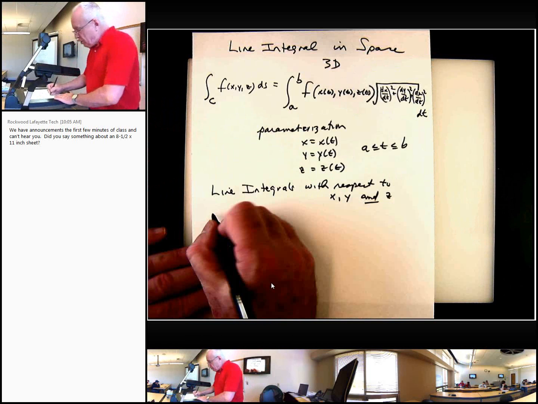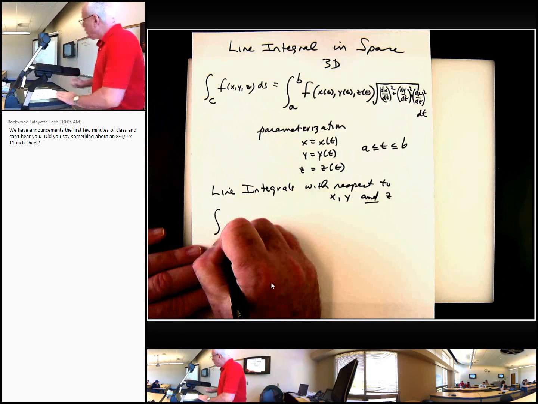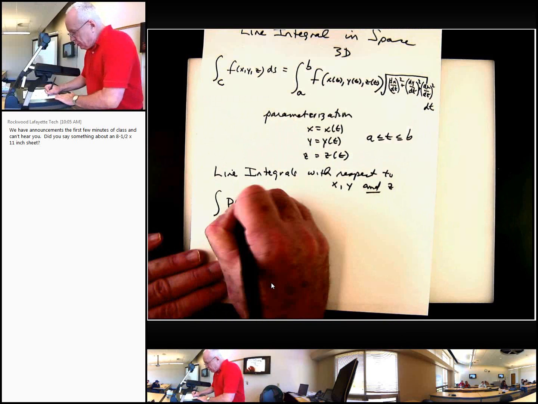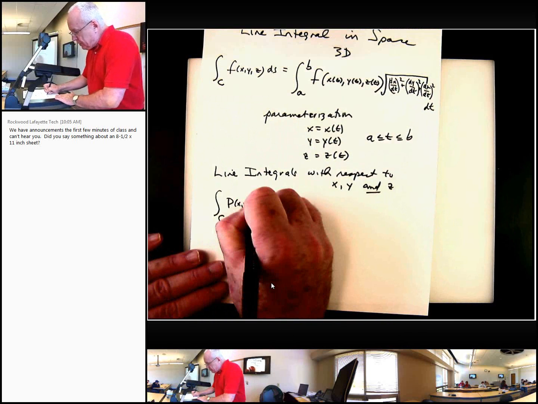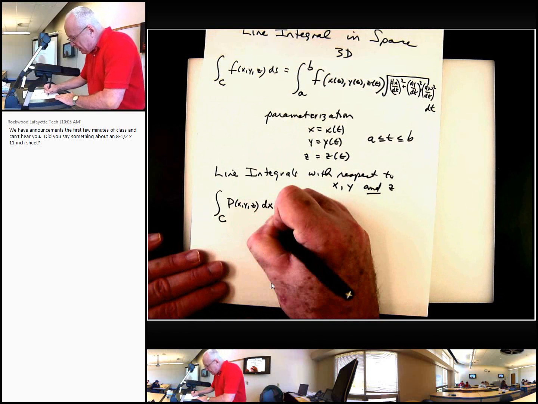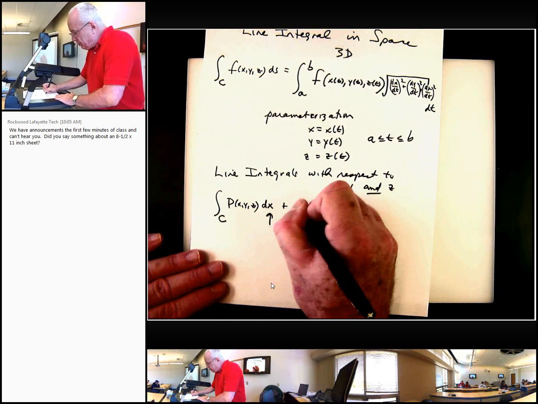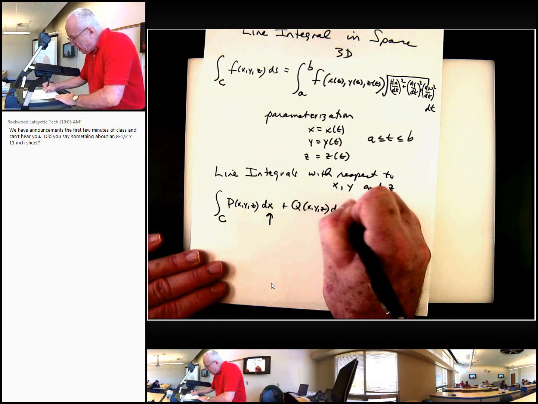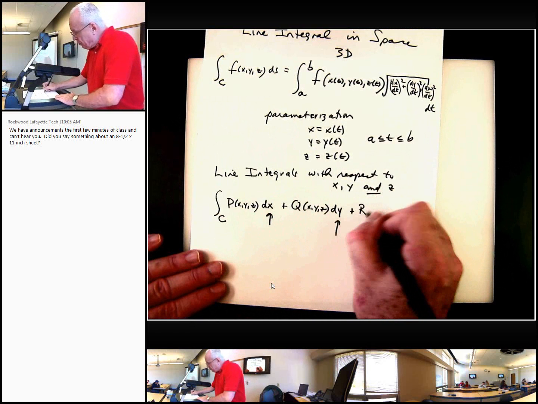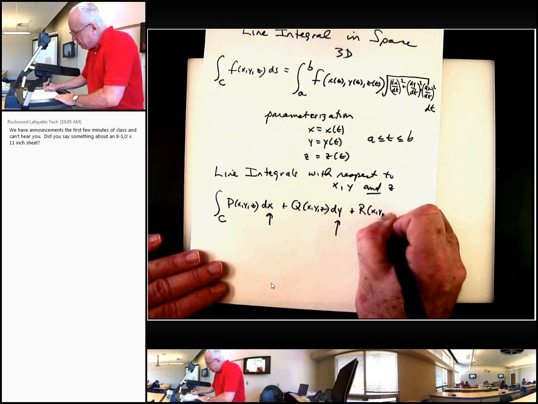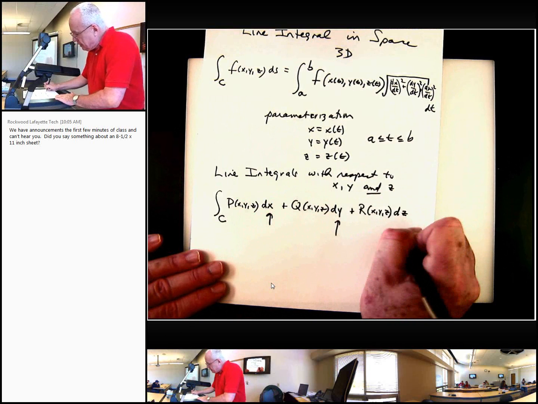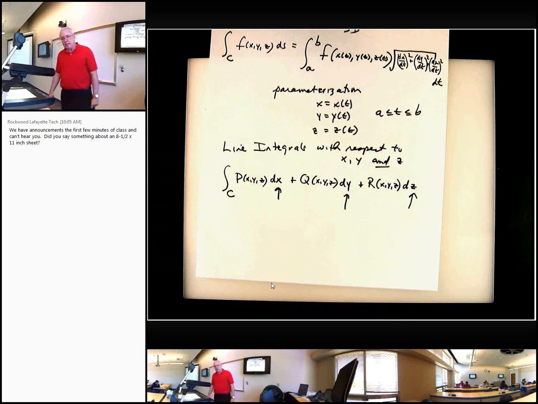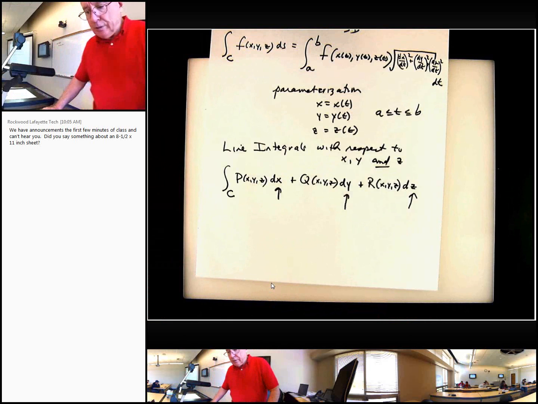And so what we're talking about here is integrating along a space curve some function P of x, y, and z times dx plus another function Q of x, y, and z times dy, and then finally a third function R of x, y, and z times dz. So we're adding a dz to that mix.